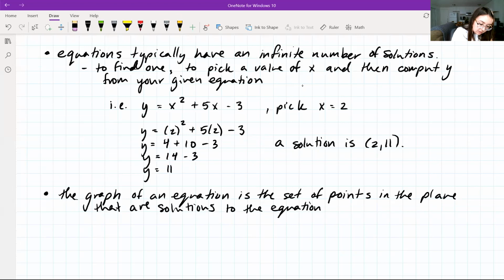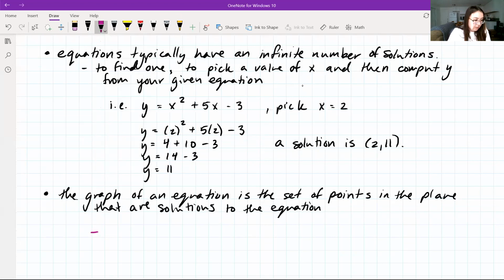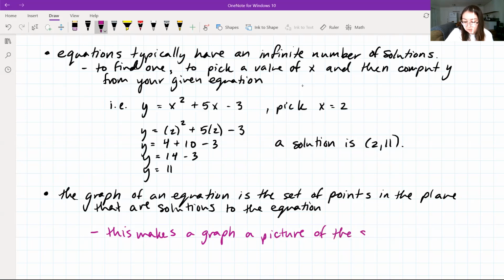So, an important point, so I'm going to put it in this purple color. The important point here is that this makes a graph a picture of the solutions to an equation.